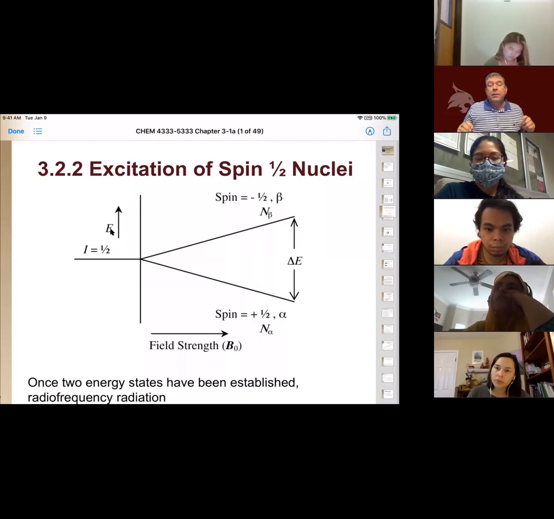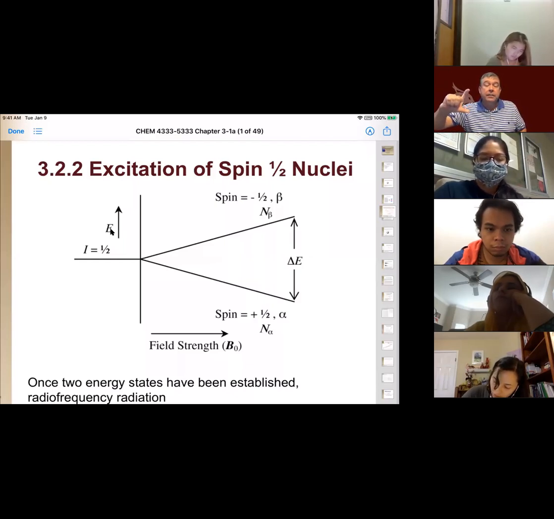So that means we have 2 different energy states once we are able to pulse it with that radio frequency. The greater the field, the greater the energy distance, the easier it is to see the change when we excite these nuclei.